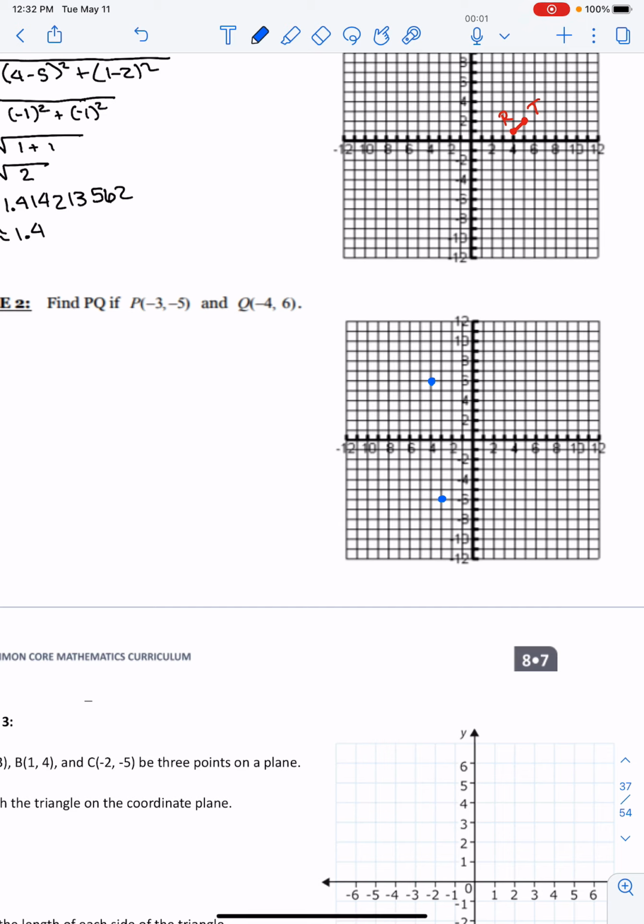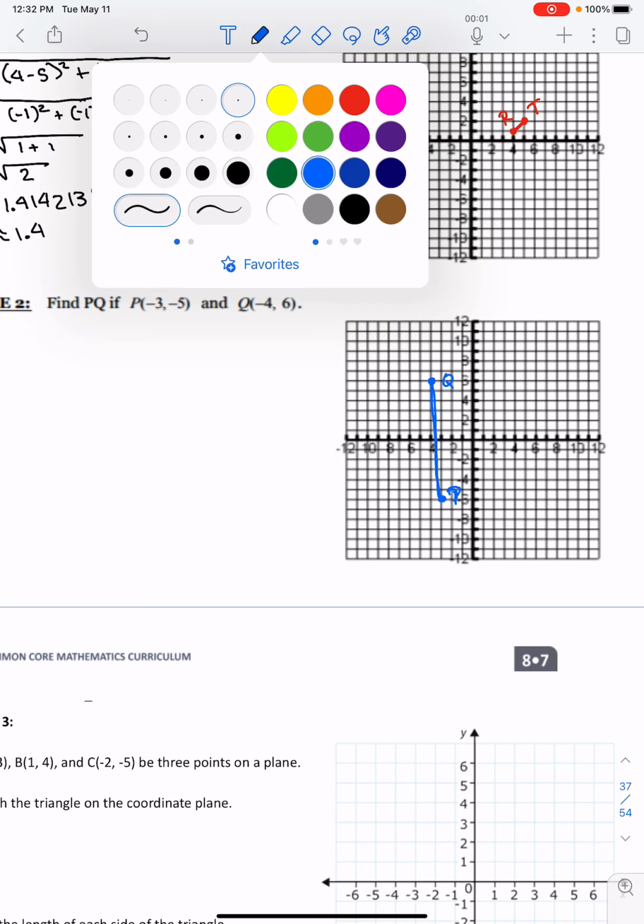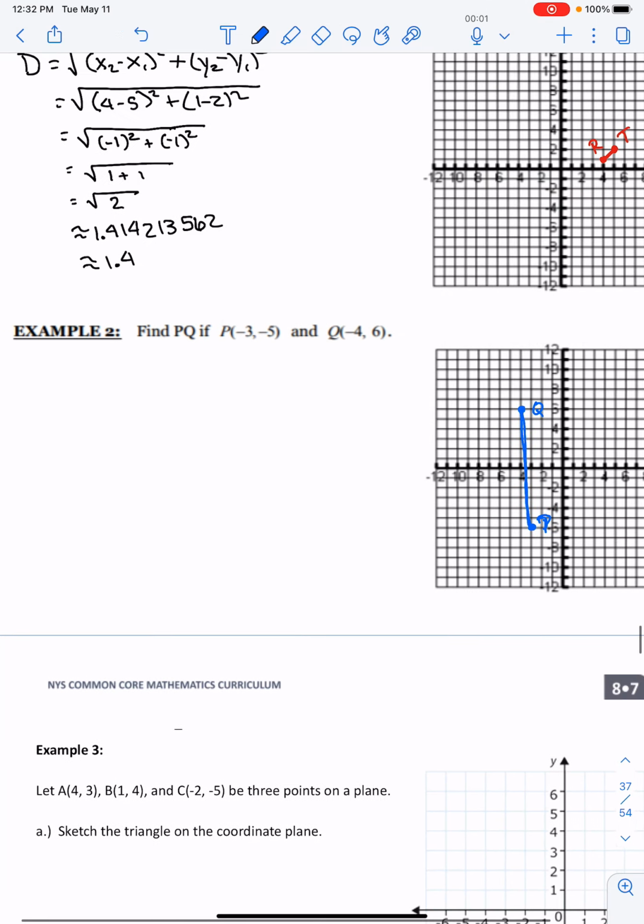And you'll have to excuse me, I don't have a straight edge for this program, so I will try and draw it as straight as I can. Okay, so we are going to go from P to Q. That's a P, guys, sorry. All right, so now I'm going to leave just that same color.